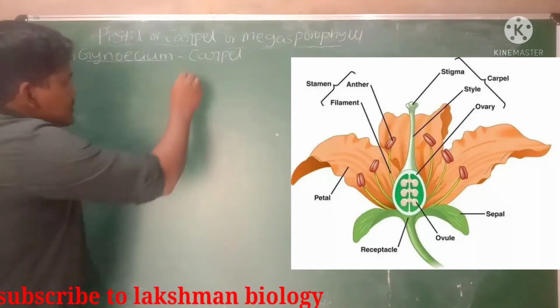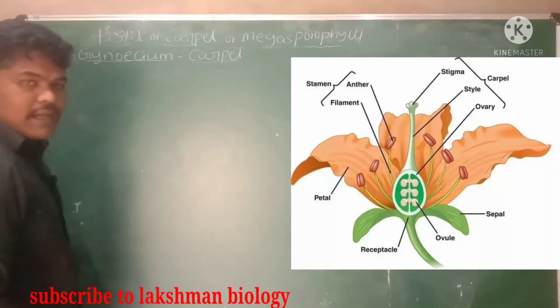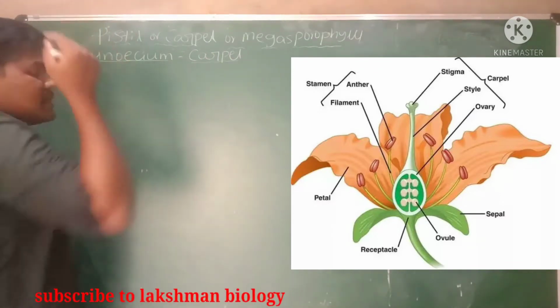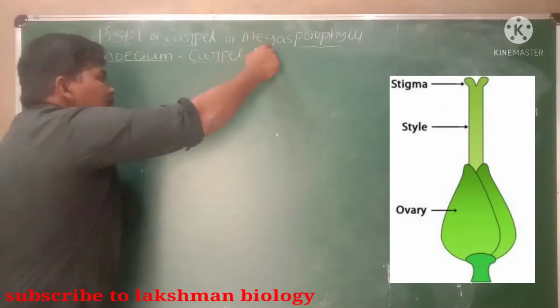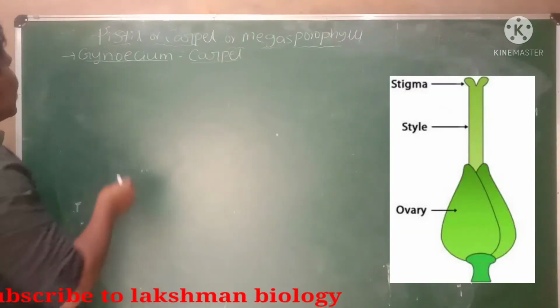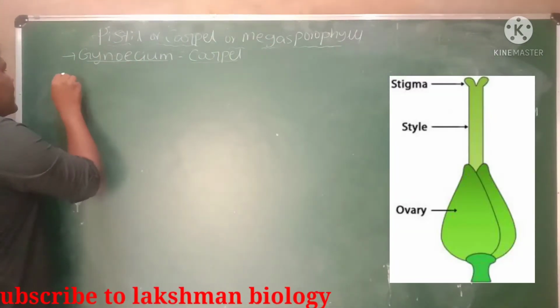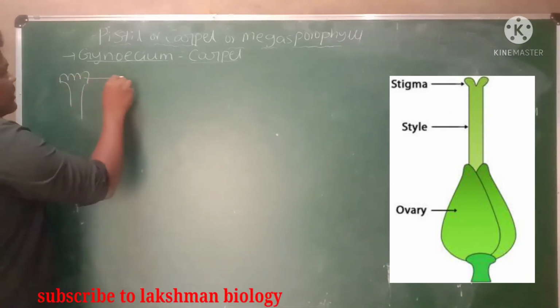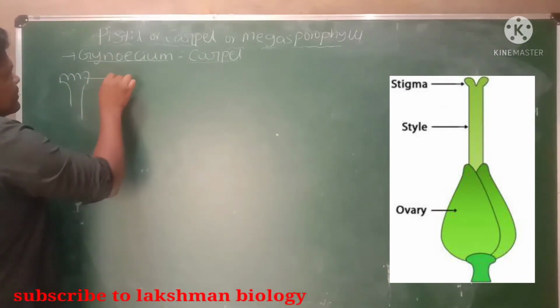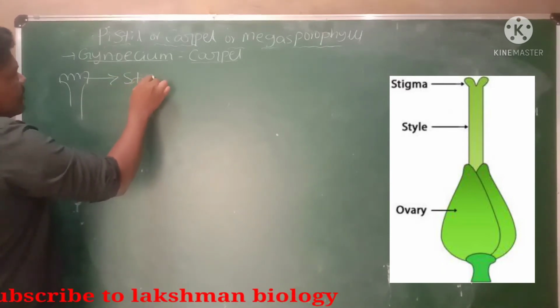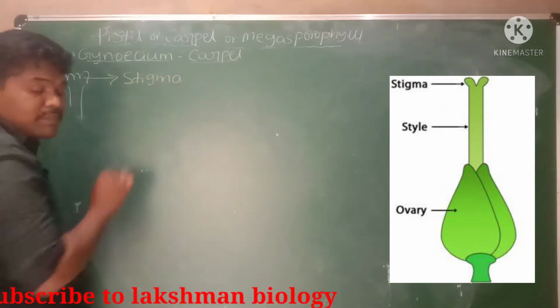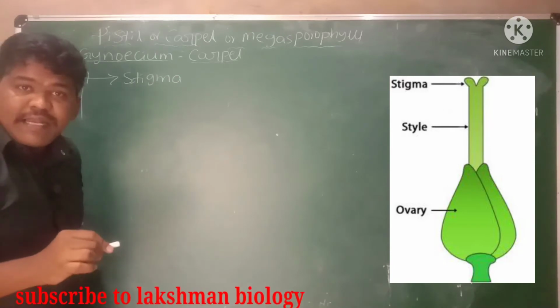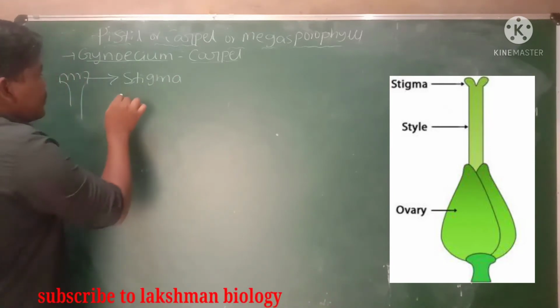Then if you see the structure of carpel or pistil or megasporophyll, it contains mainly three parts. Number one is stigma. Stigma acts as a landing platform for the pollen grain.